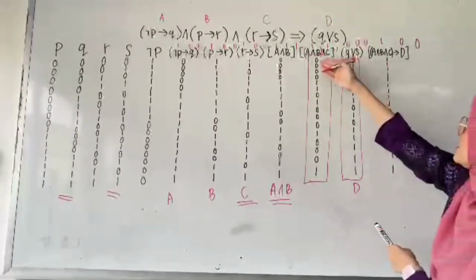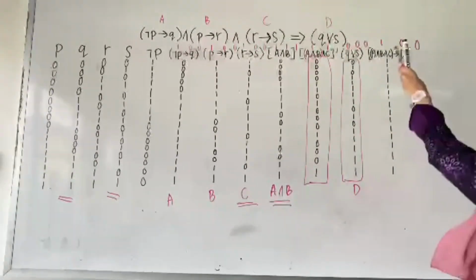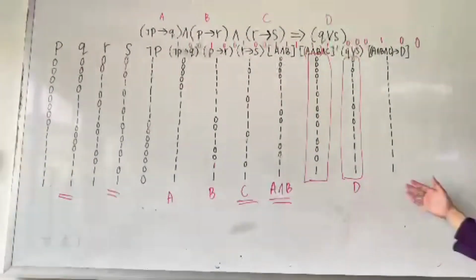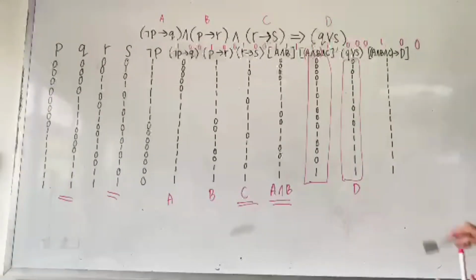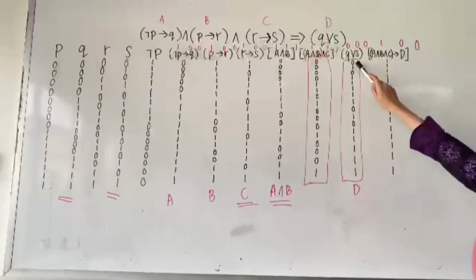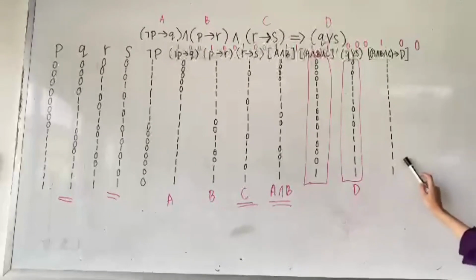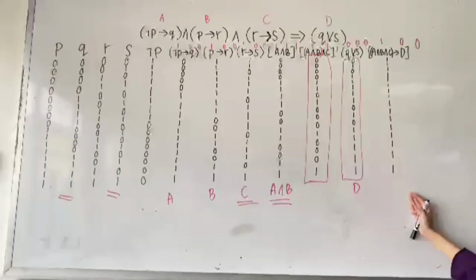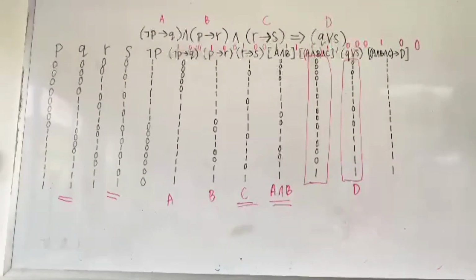As you can see, there is no false here, because the column is all 1s.